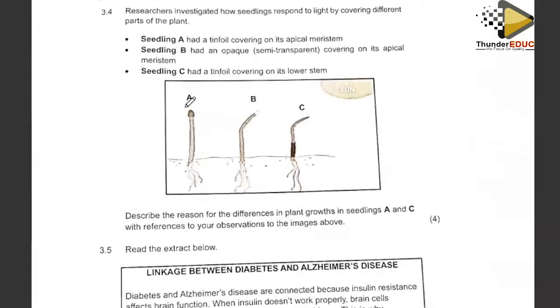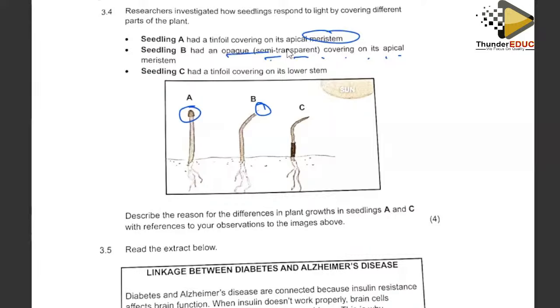They're saying that seedling A, foil covered, is at the apical. You see here, the apical meristem has been covered. B had opaque, meaning that you can't have any light, covering its apical. Oh, same.